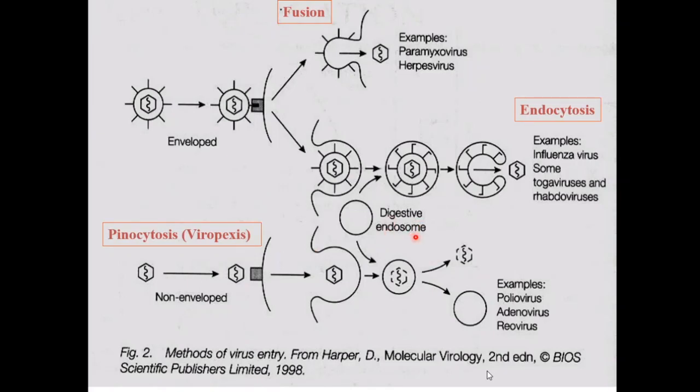Digestive endosomes are just lytic enzymes inside the cytoplasm. Some of the enzymes even allow digestion of the protein that coats or protects the nucleic acid. Some viruses have a specific capsid which cannot be digested by the cytoplasmic enzymes of the cell.